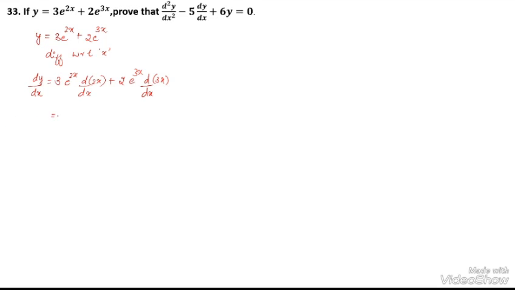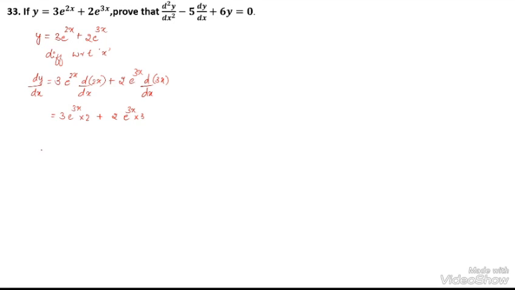Now, 3 into e to the power 2x. Differentiation of 2x will be 2 only, because 2 is the constant. Differentiation of x will be 1, plus 2 into e to the power 3x. Differentiation of 3x, 3 will be constant, differentiation of x will be 1.